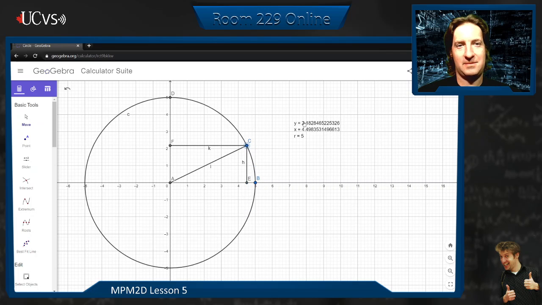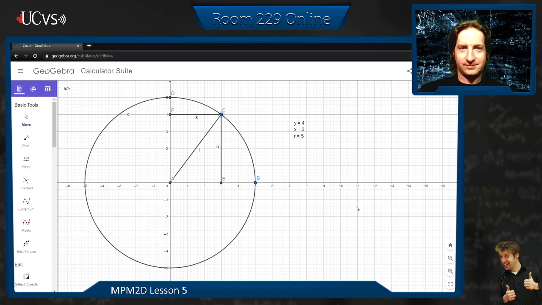If I square x and y, take the sum of those squares and take the square root, that's what this number here is calculated as. It's always 5. And I chose 3, 4. See if it'll let me do it exactly. No, it doesn't snap. Oh, there, it snapped. So as you can see, this point, 3, 4, satisfies the equation x squared plus y squared equals 25.